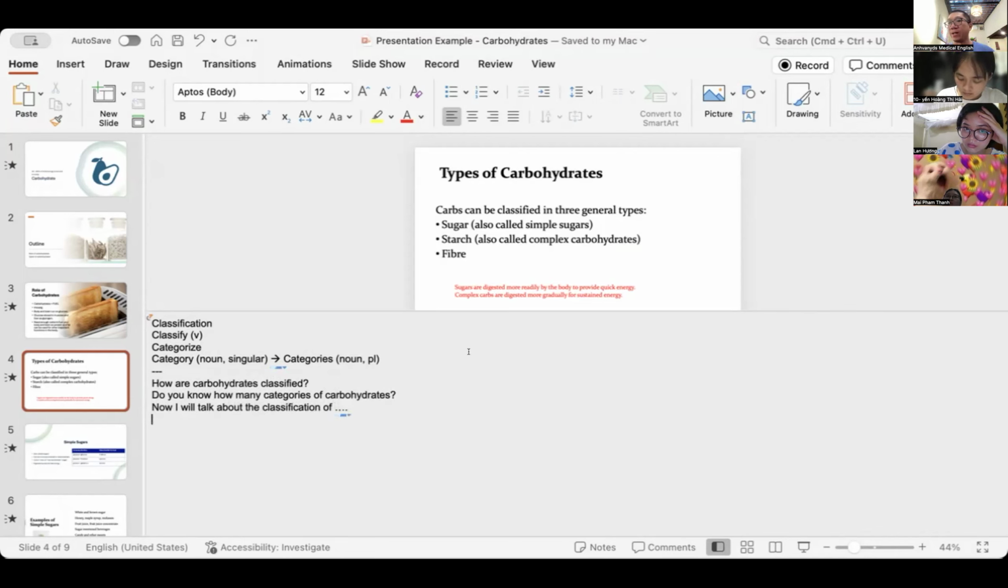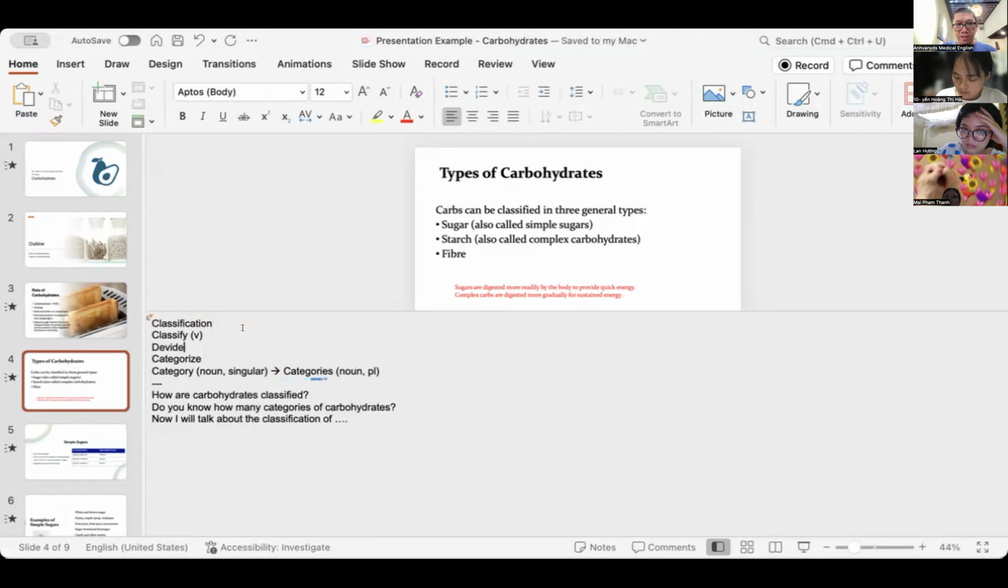Okay, so we have a lot of ways, according to your speaking abilities, to talk about the topic, but you should remember classification means grouping, classify means to divide, or you can divide.